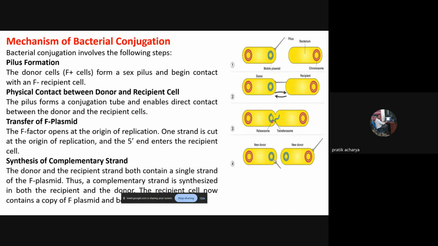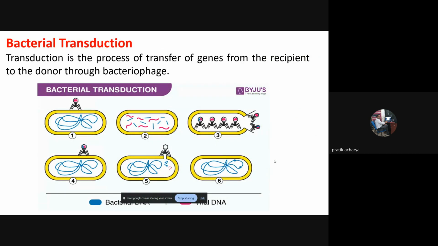Another process for this horizontal gene transfer is known as bacterial transduction. That means the recipient receives the gene from the donor, not directly, but by a bacteriophage.